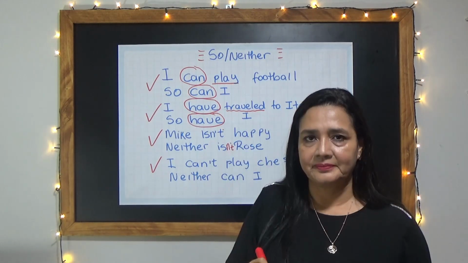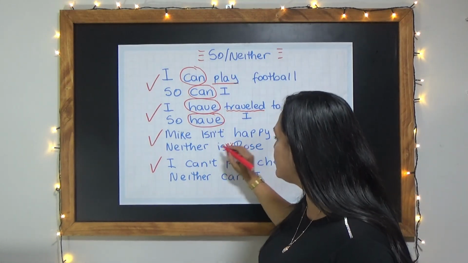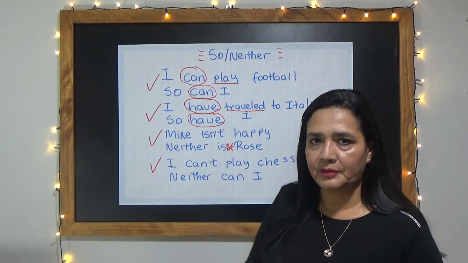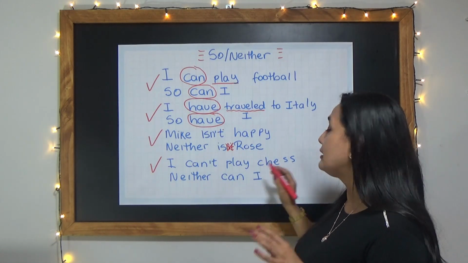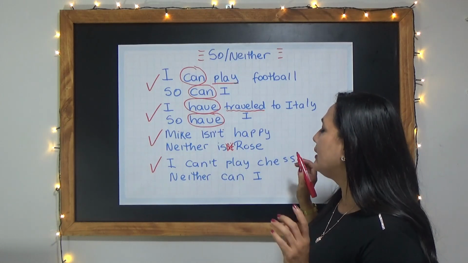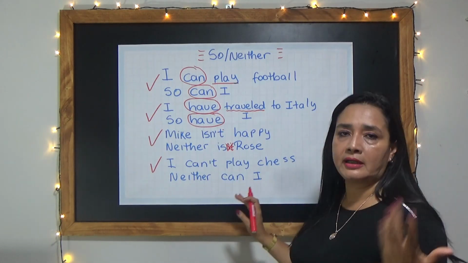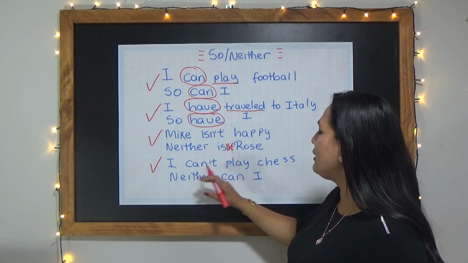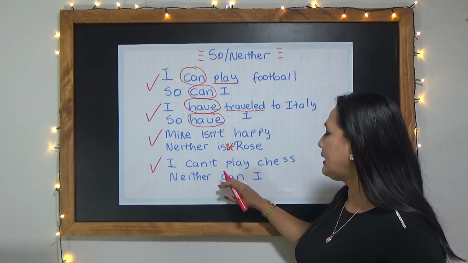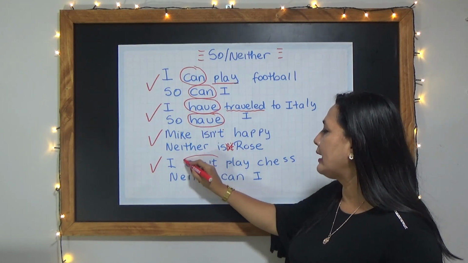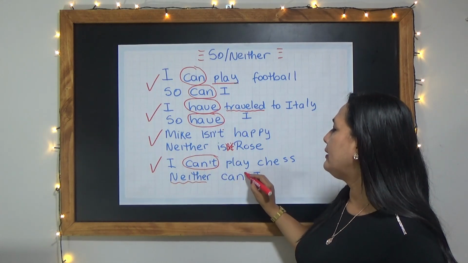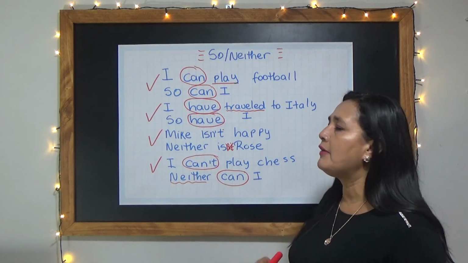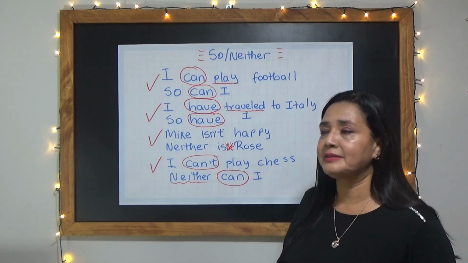In our last example, I can't play chess, and if I can't do the same thing, I can say neither can I. But check that here the verb is in negative, and if I use neither, this becomes the affirmative form. Alright?